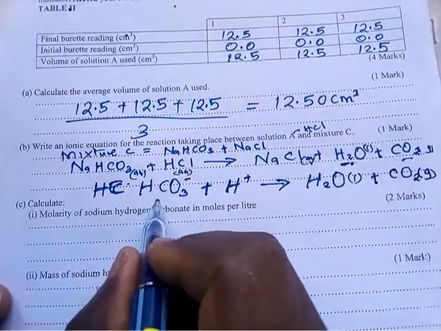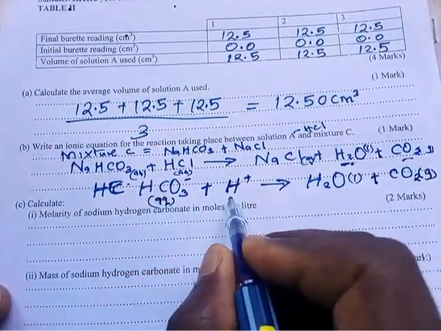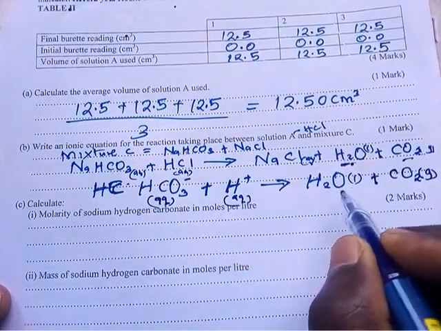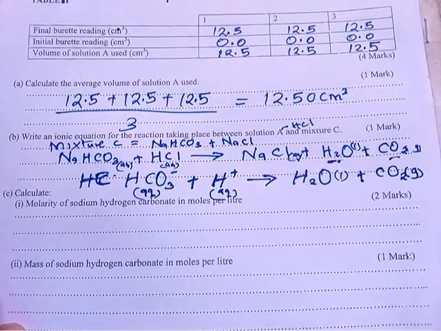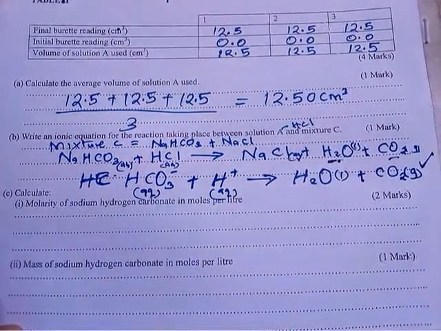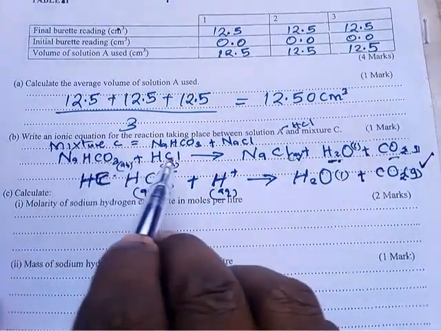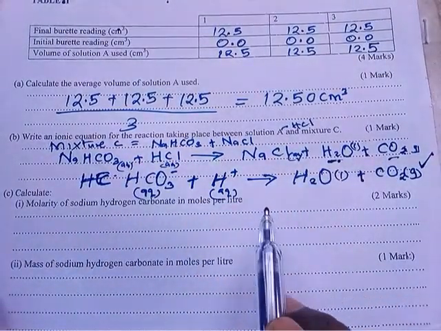And this is the ionic equation. So you write the aqueous, liquid, gas. This is the ionic. So this is what you are required to write. I have simply written step by step so that you can understand.